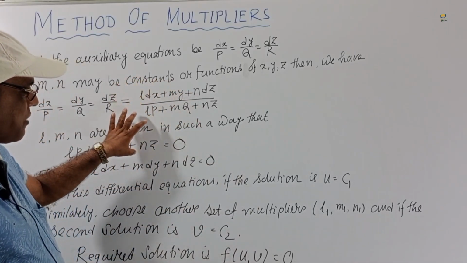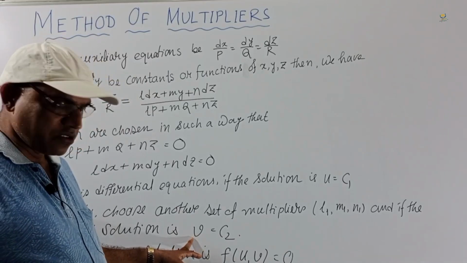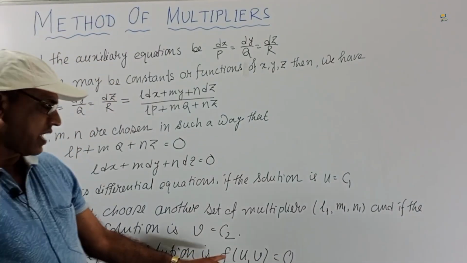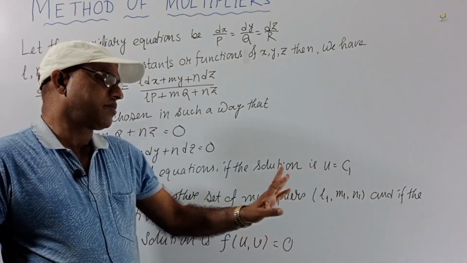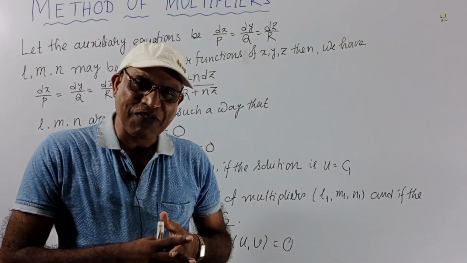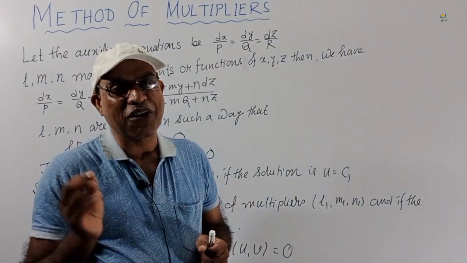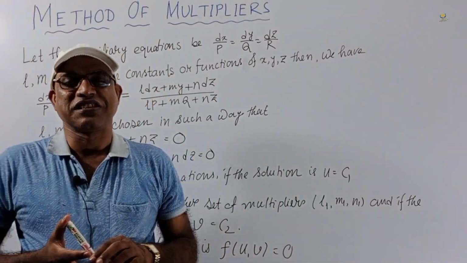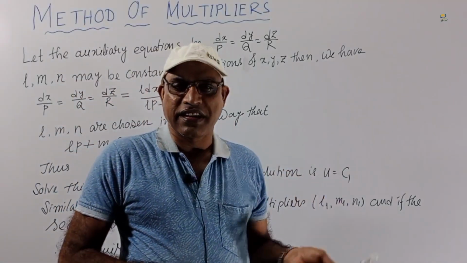From the first multipliers we get U equal to C1, and from the second multipliers V equal to C2. Therefore the required solution is f of u comma v equal to 0. This is our main formula. By using this, we can easily solve all the problems. All the problems are very easy and very interesting; no one can say this problem is difficult.